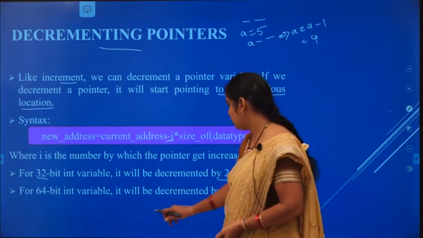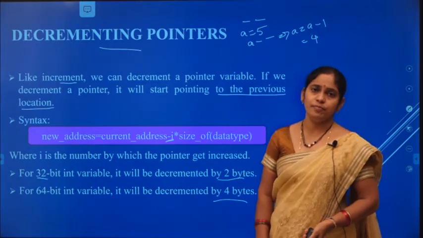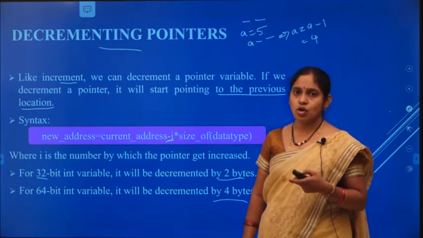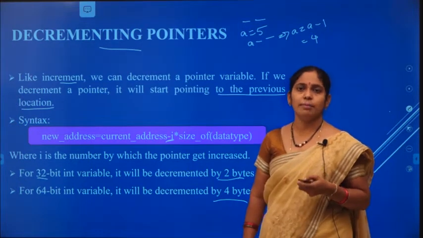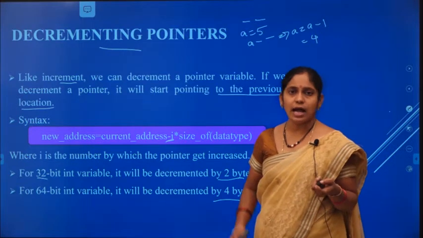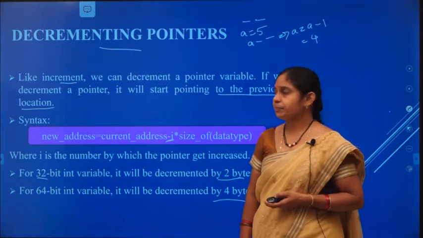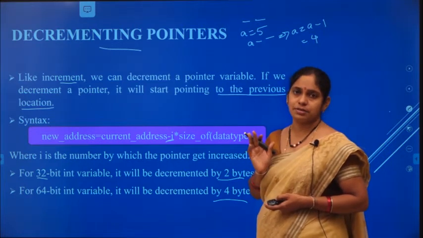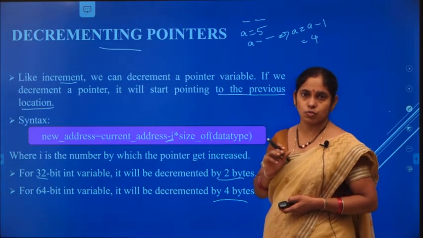For 64-bit, the size of it is considered as 4 bytes. In our data types concepts, we discussed the sizes of integer, float, double and char in 32-bit as well as in 64-bit, and their ranges also.